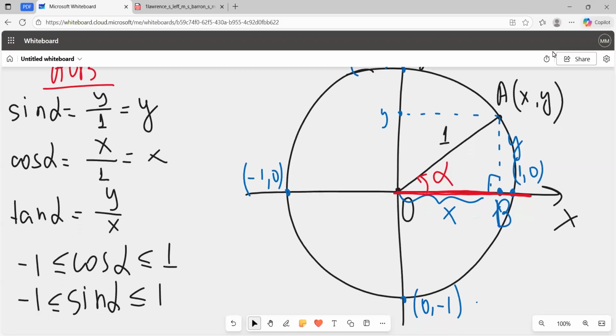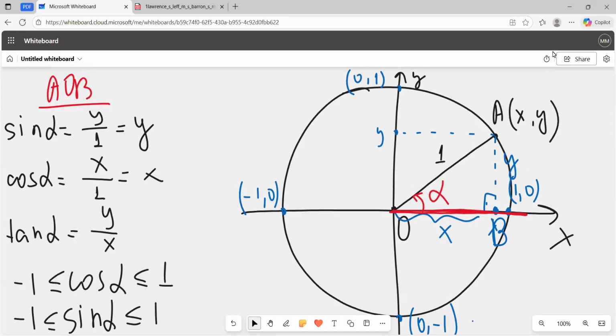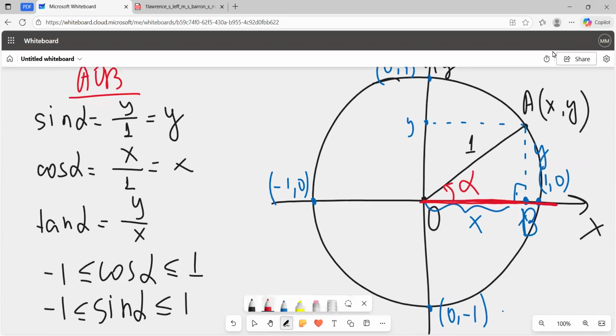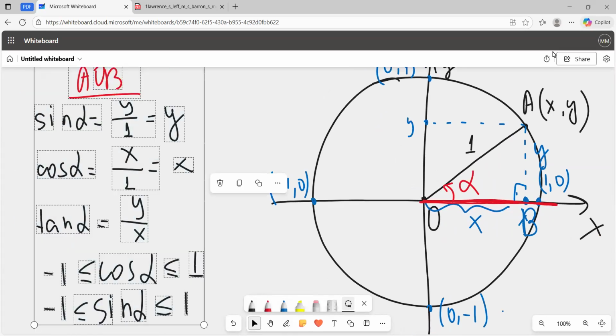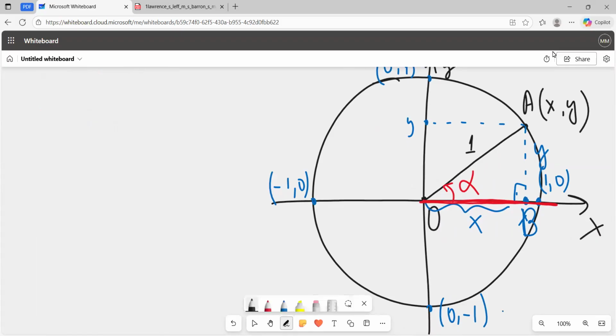So I must erase these parts. Okay. So this is angle. In other words, the angle in this point is equal to 0 or 360 degrees or 2 pi.